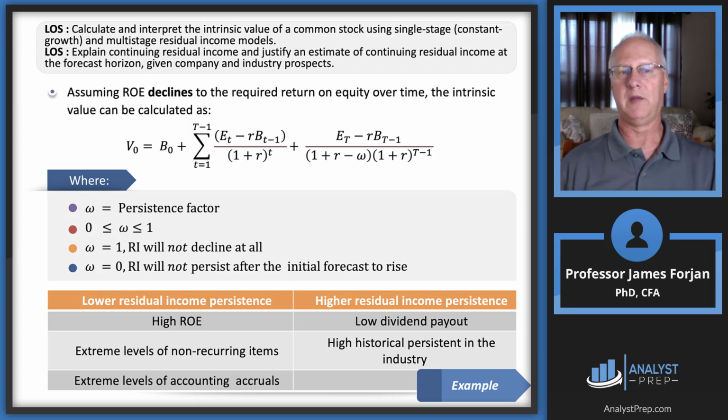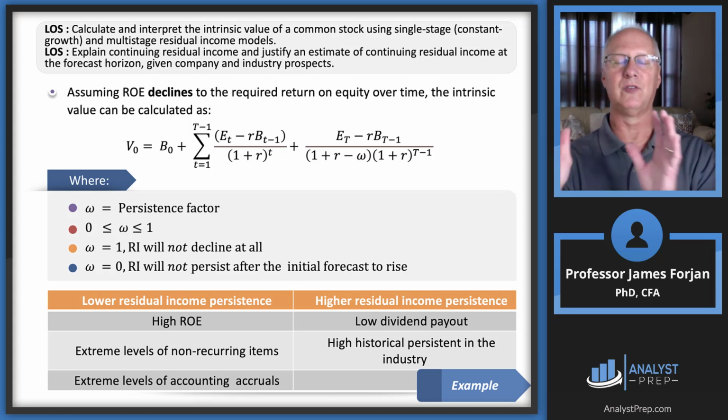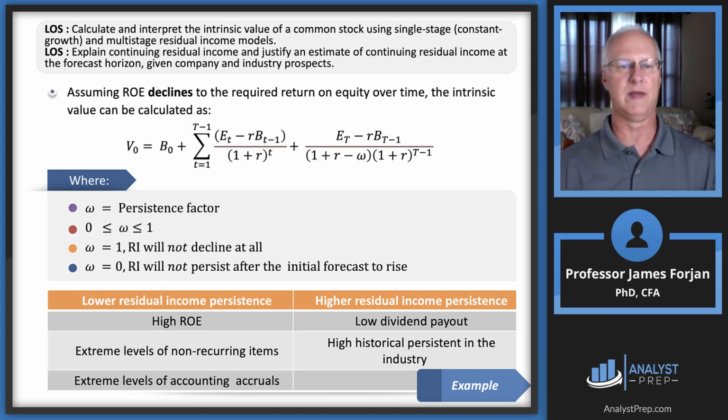Notice that the persistence factor has to be between 0 and 1. And just trust me on the math of this, that 1 plus r minus w, the funny looking w over there, is analogous to taking the present value of a perpetual annuity.